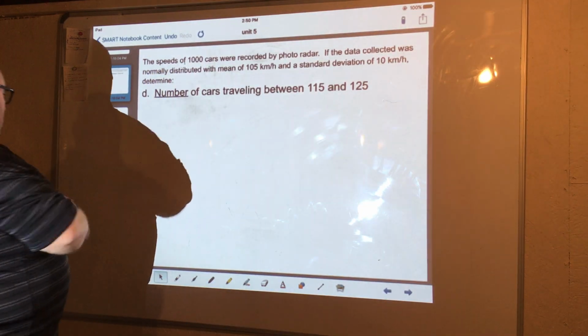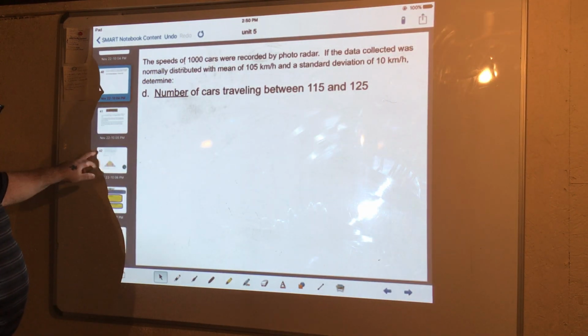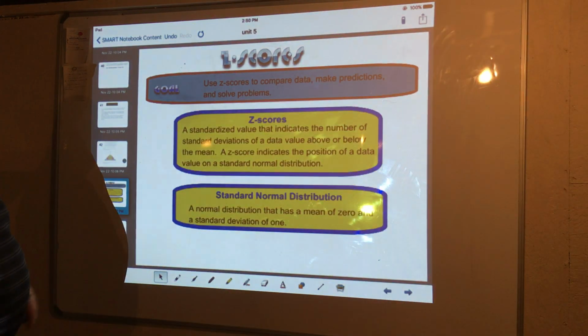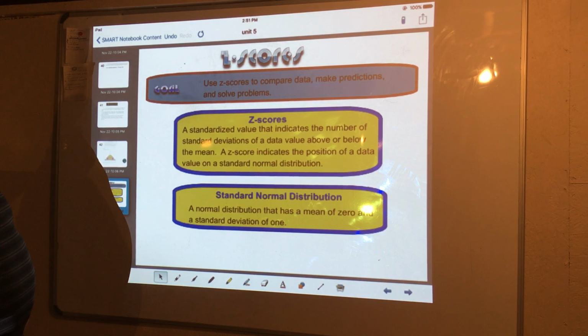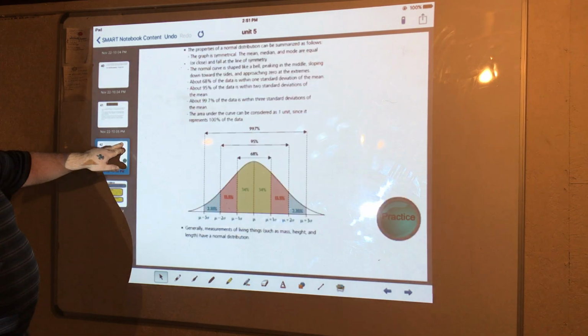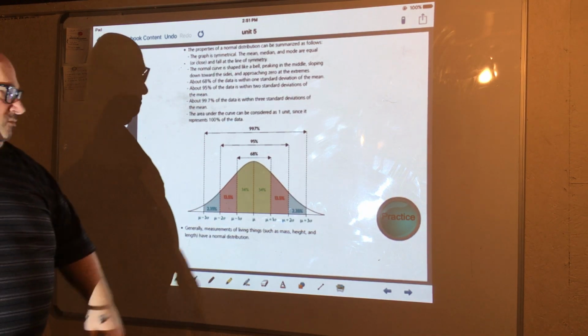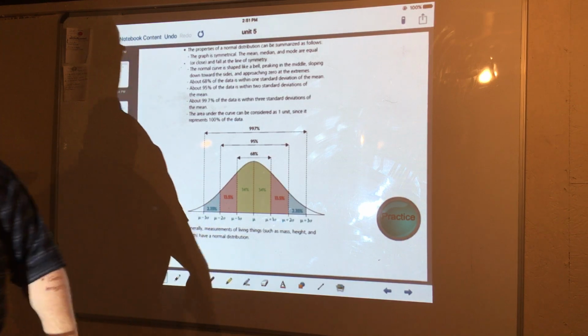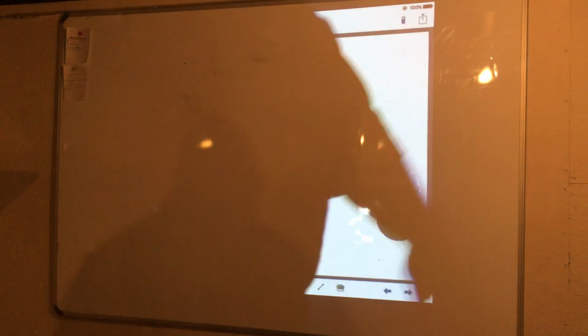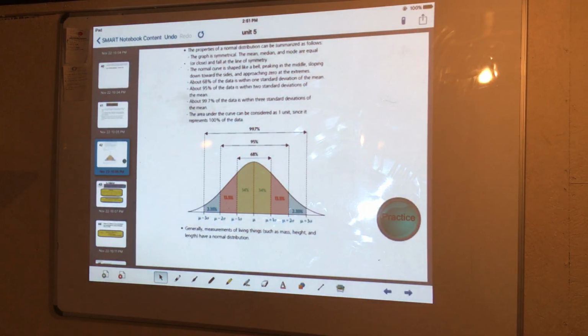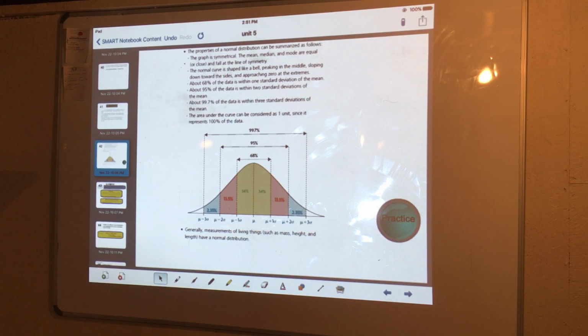So let's jump to this one, Z-scores. This will be section 5.5. We'll just go back up to this one for a second. You can find this in your textbook. These amounts will always be the same. So if you wanted practice questions, page 251.